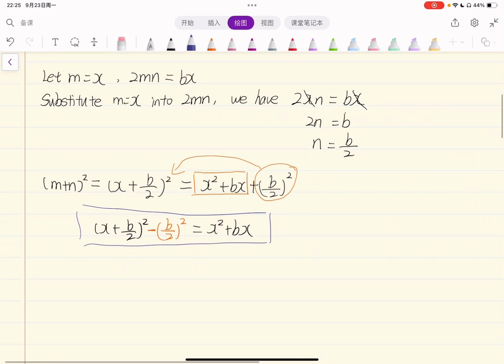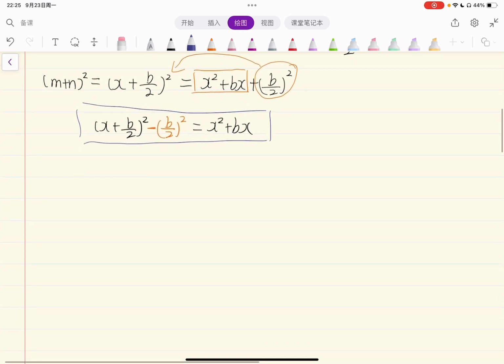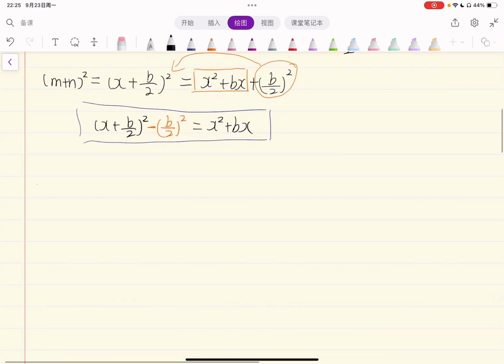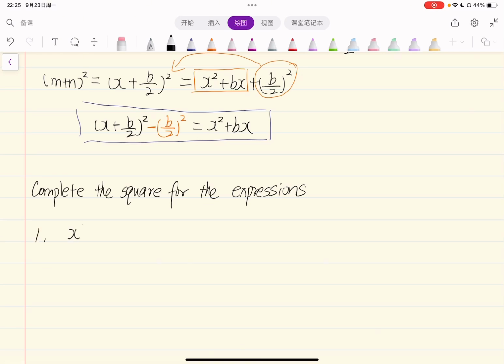Now let's do some exercises. Complete the square for the expression. The first question, x squared minus 3x.